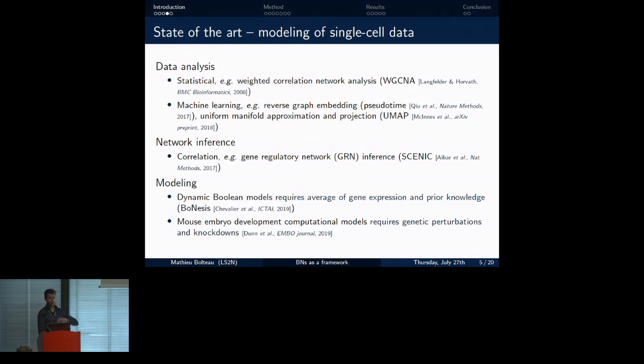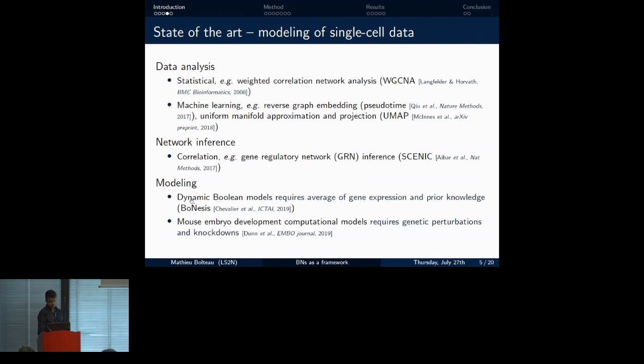The second type of method consists in inferring some networks, such as using correlation in order to infer some gene regulatory network, for example. But we can go further, and we can model the biological systems. And for that, in the context of single-cell data and embryo development, we identify two principal studies.